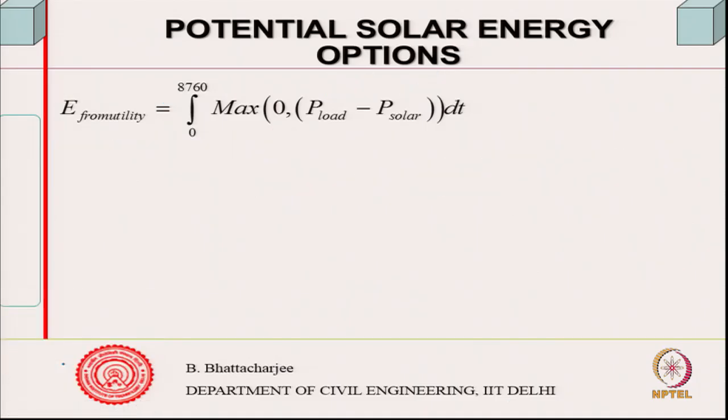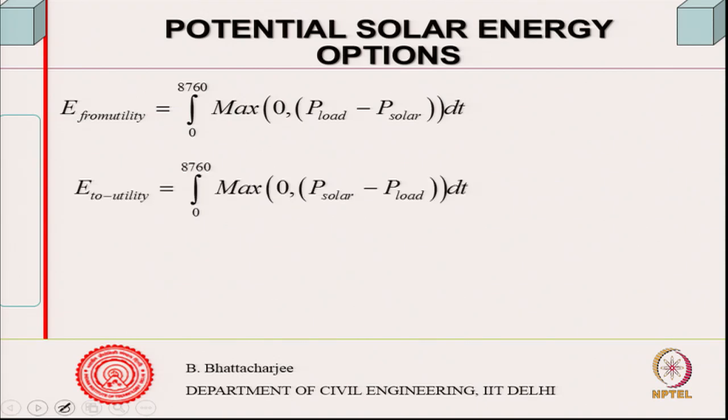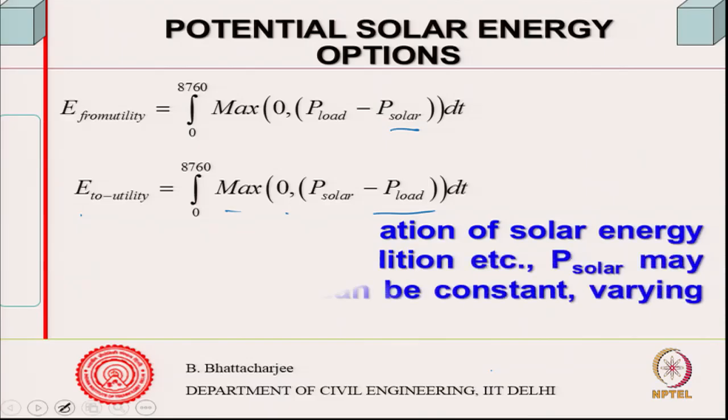And E from solar to utility is the maximum of 0 and P solar minus P load, right, and for the whole year, for all hours, I calculate this out.